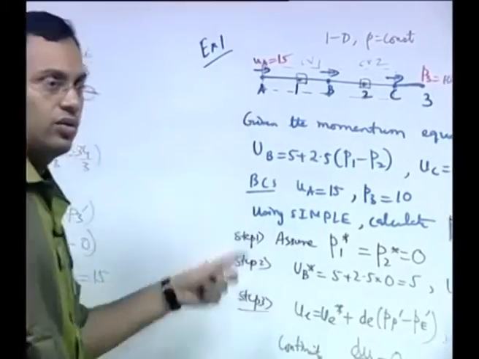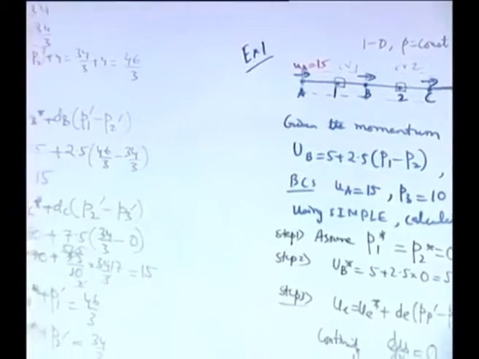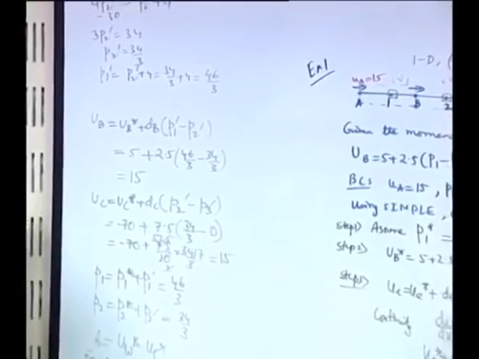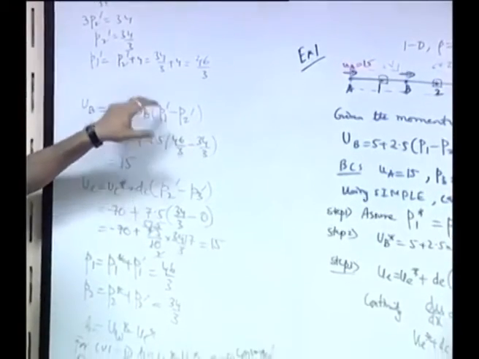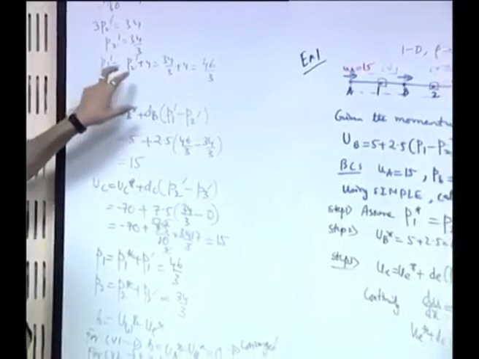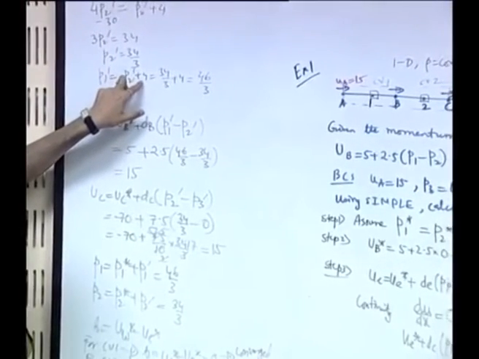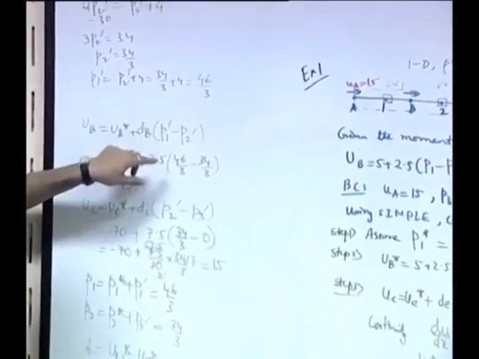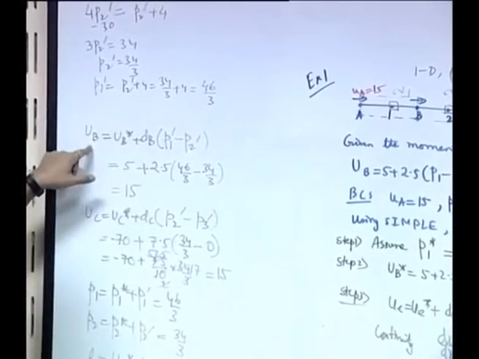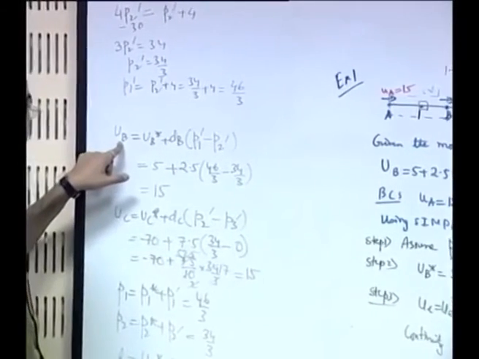So, there is no mass source term that remains. The other important thing to observe is that it is P1 prime minus P2 prime that is important.